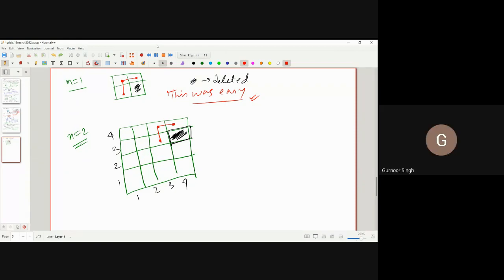Can you name the squares? 4, 2. Okay, here. And then 4, 1. Yes. And then 3, 1. Cool.